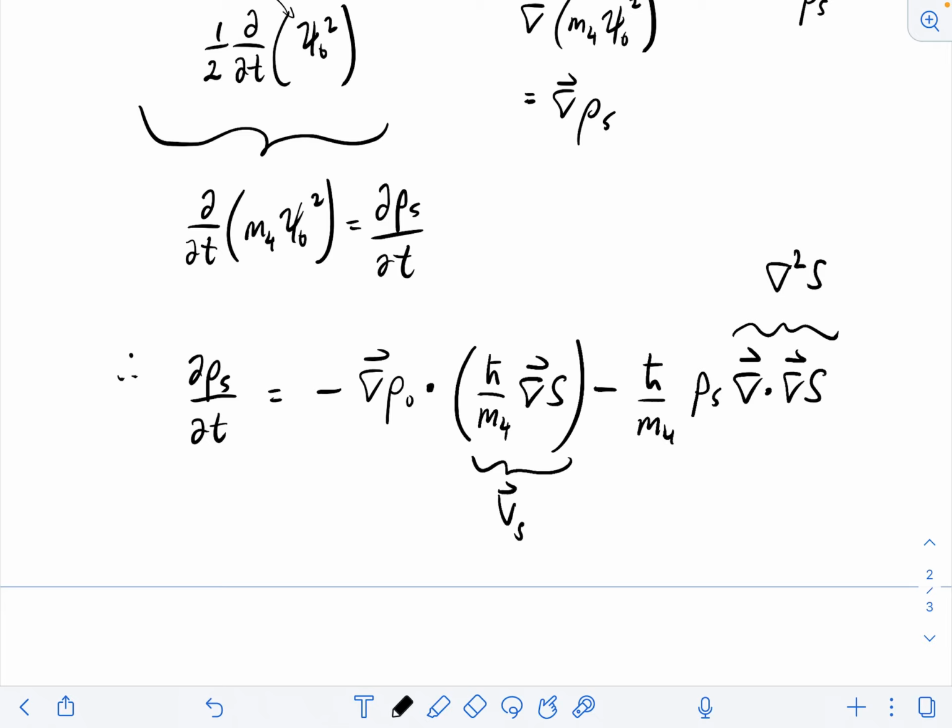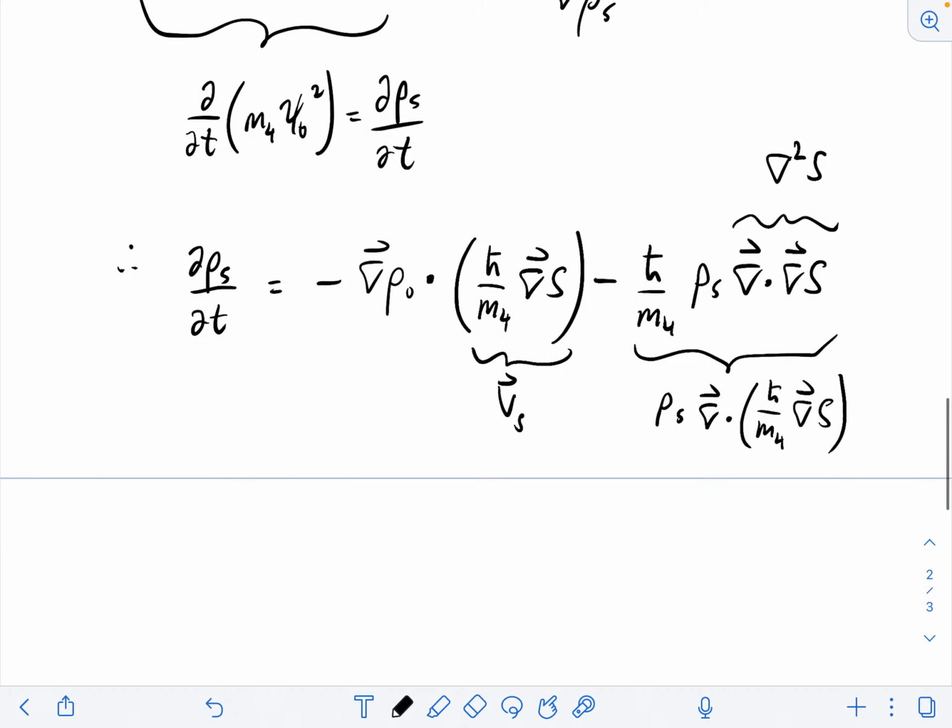And let's see, what do we have here? We can take the h bar over m4 inside the two derivatives, inside the divergence and the gradient. Actually, no, we don't want to do that. We want to write this as rho s times the divergence of h bar over m4 times the gradient of s, and that is equal to rho s times the divergence of the superfluid velocity.